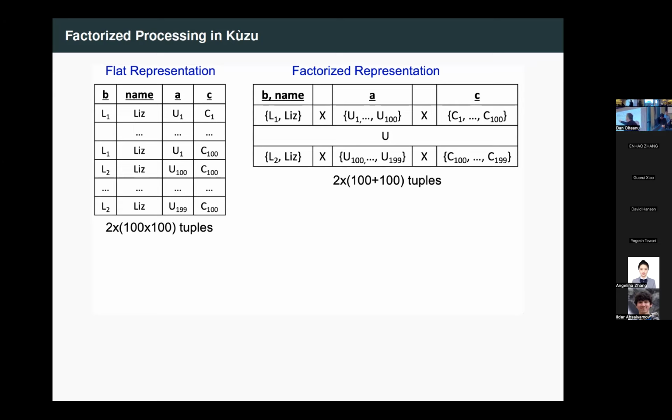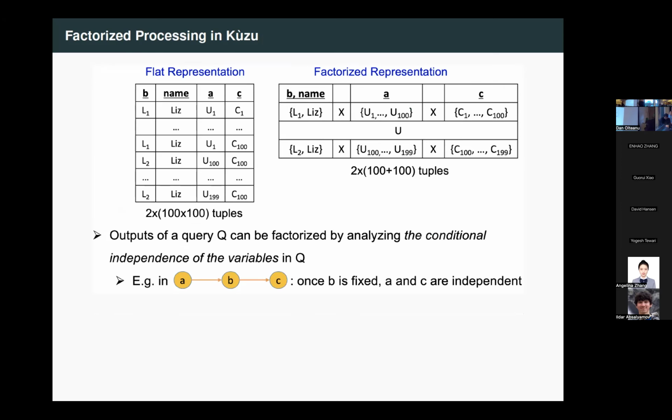And similarly for L2, Liz, I have a product with U100 to U199, and then the product with these C's. So suddenly we go from 100 to the power of 2 to 100 plus 100 combinations in the representation. This is based on the conditional independence of the variables A and C given B, the one I already mentioned to you before. So if you fix a B, A's and C's are independent of each other.